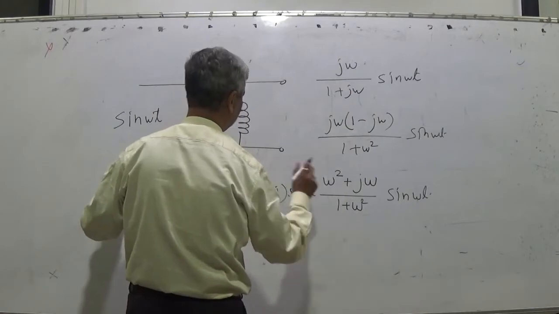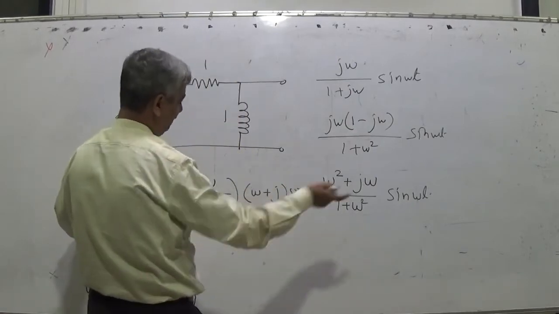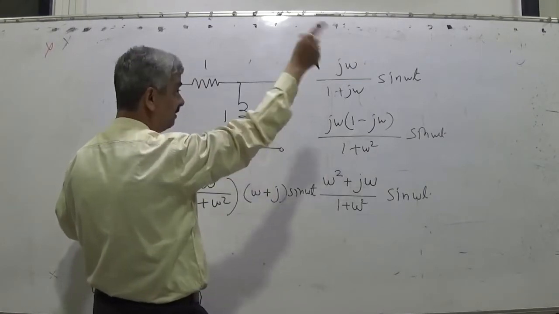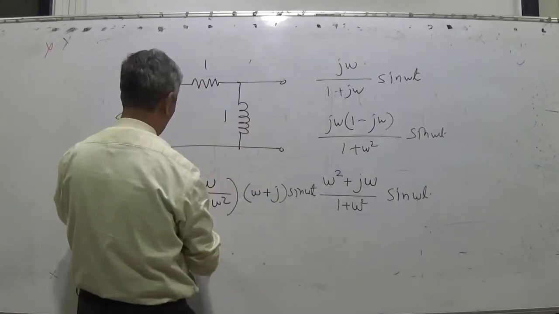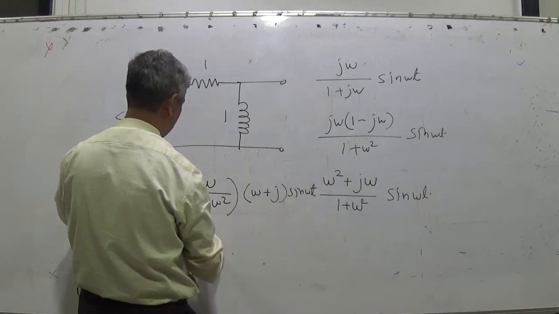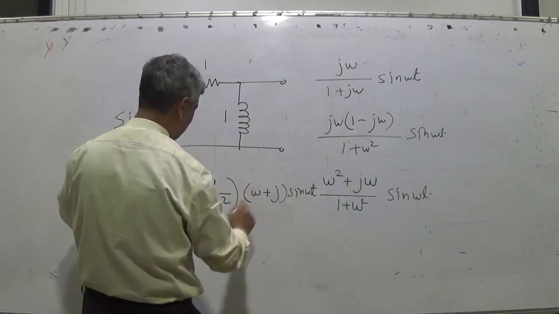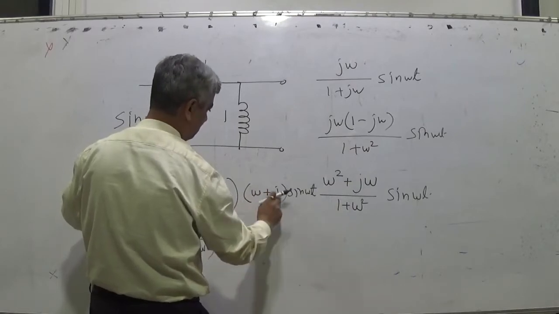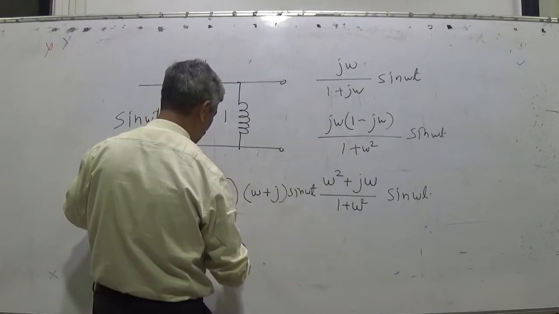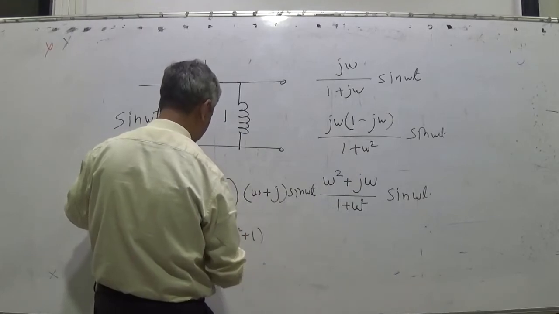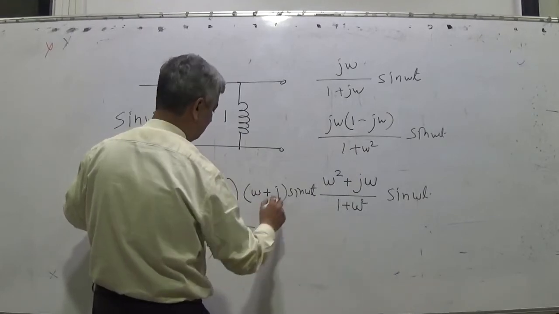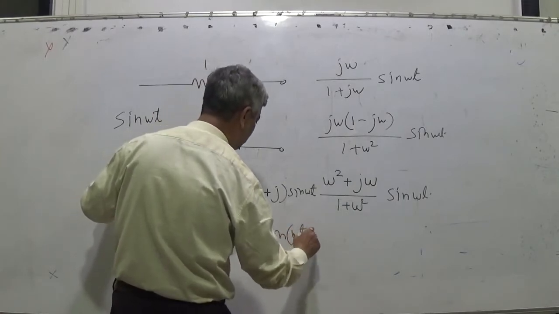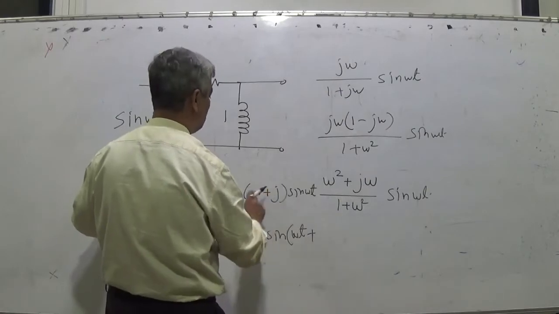So it is exactly reverse. Omega plus j, whereas in the earlier case it was 1 plus j omega, 1 minus omega. So now it is omega upon 1 plus omega square into the square root of this square plus this square, sine. Omega square plus 1 is the same as 1 plus omega square, into sine of omega t plus tan inverse of 1 upon omega.